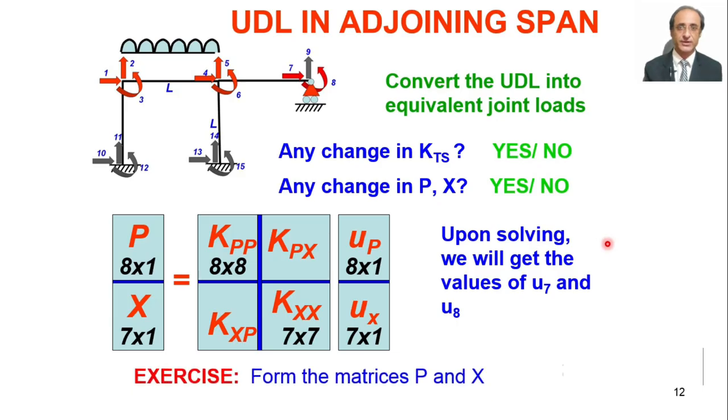It's an exercise for you to form the P and the X matrices. We'll find that along the degree of freedom 5 and along the degree of freedom 2 there will be equivalent joint loads, and similarly along the degrees of freedom 3 and 6 there will be equivalent joint moments, and these you have to find out by your previous learning.